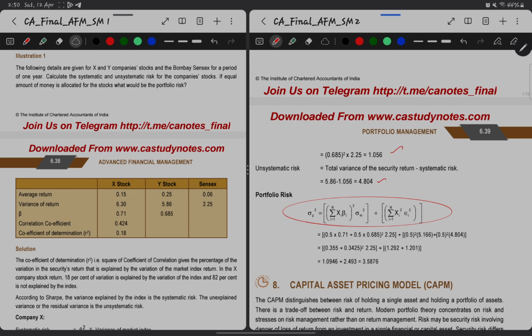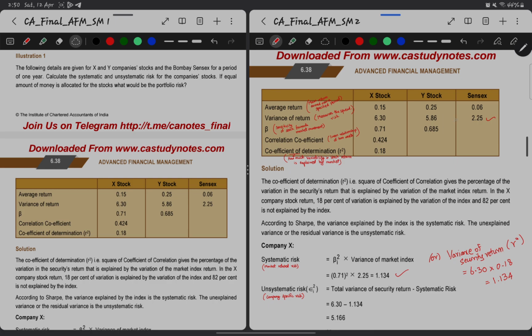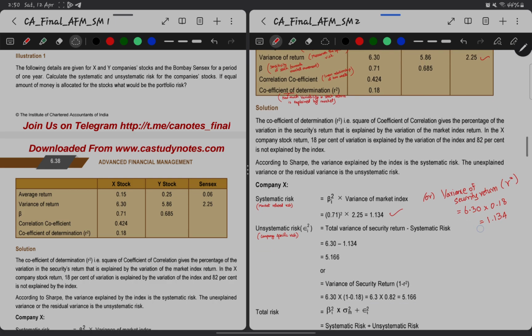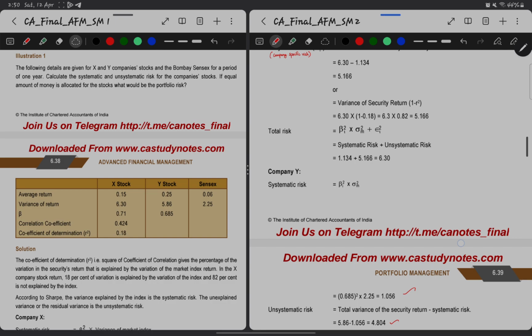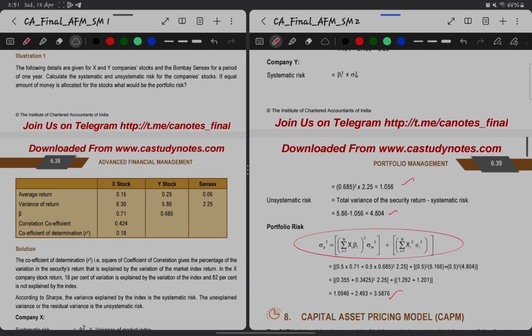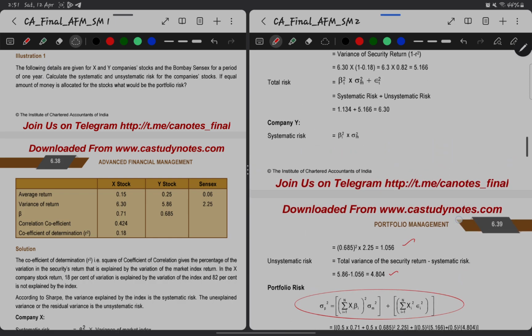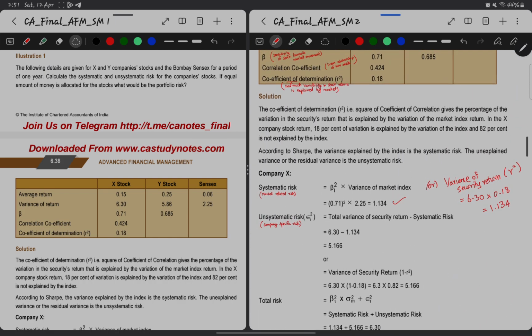And as we can see, the resultant portfolio risk is 3.5876, but the risk of stock X and stock Y is more. So this is because during diversification the risk will reduce. So portfolio risk will always be less than the individual risk of the stocks in the portfolio, because the unsystematic risk of the respective stocks will get nullified.